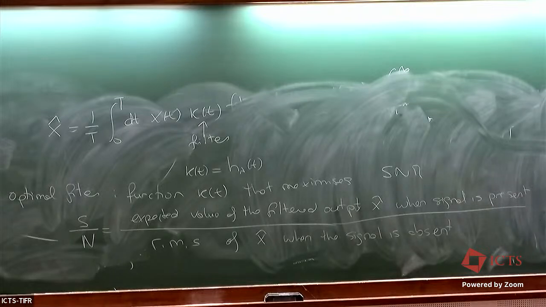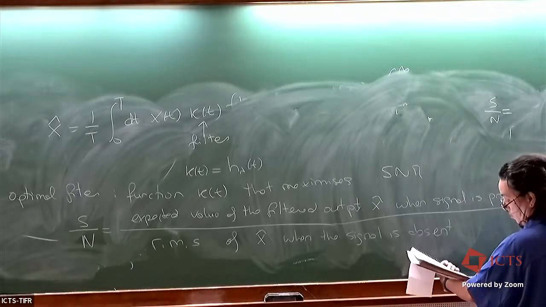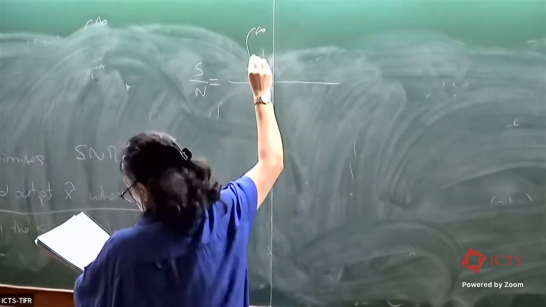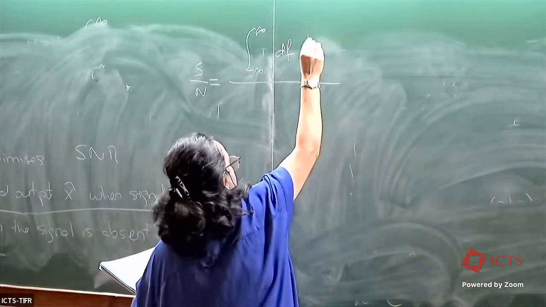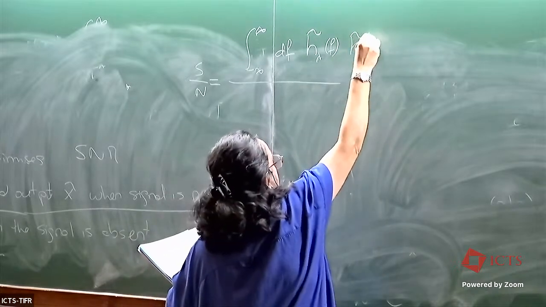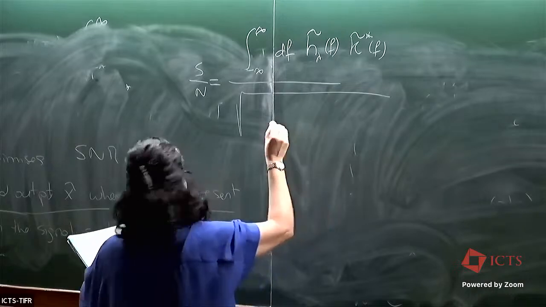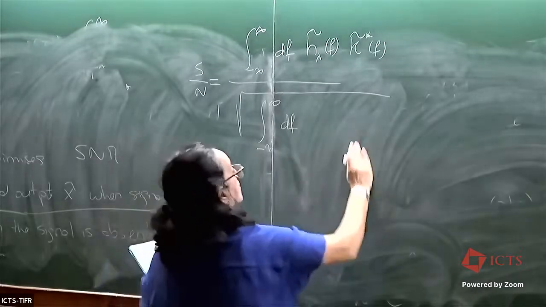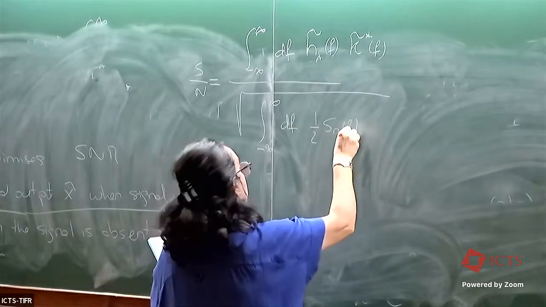By doing these kinds of operations, basically I can rewrite that the signal to noise ratio, even going to Fourier domain, is going to be the integral from minus infinity to infinity df of h lambda of f, k of f, df, divided by the integral with 1/2 Sn of f.